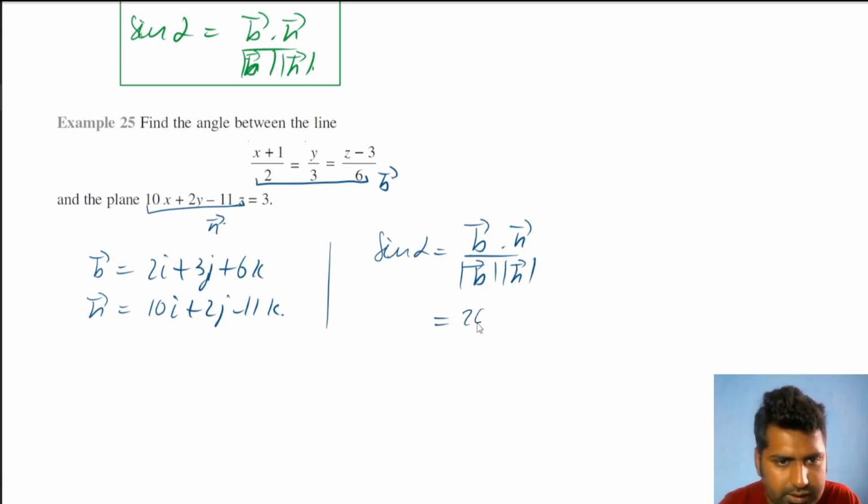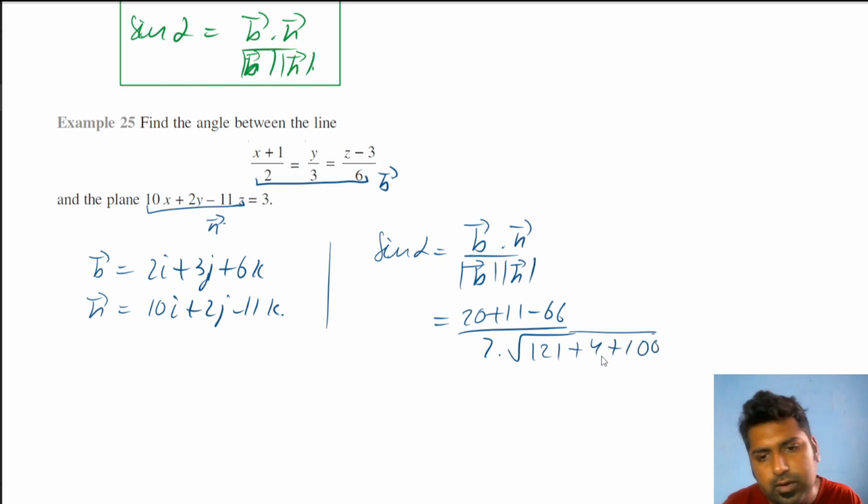Dot product, so 20 plus 6, not plus, minus 66, upon the magnitude of b, 36 plus 4 plus 9 is 49, that again comes 7. The magnitude of n is the square root of 121 plus 4 plus 100, which is 225, so 15.